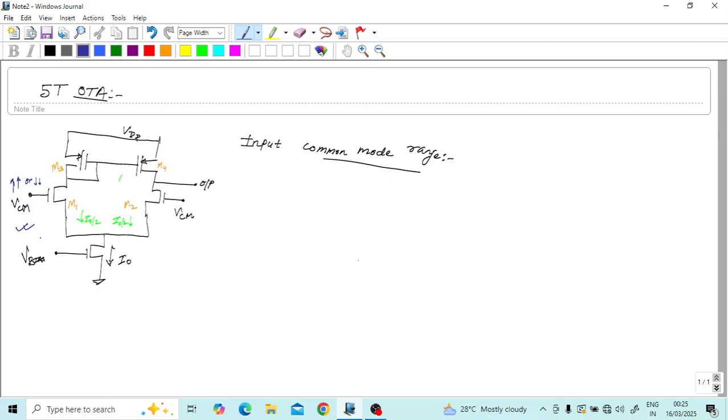What is the maximum common mode voltage, and what is the minimum common mode voltage, such that all transistors stay in saturation? That is the upper and lower limit of the input voltage. First we will see the input common mode range, which we call ICMR minus.